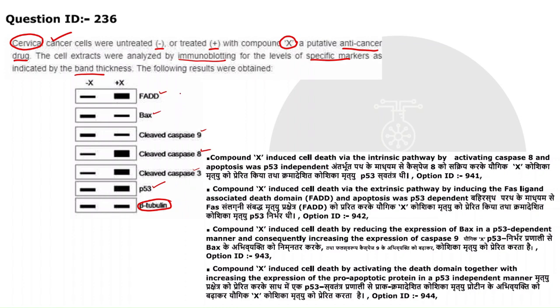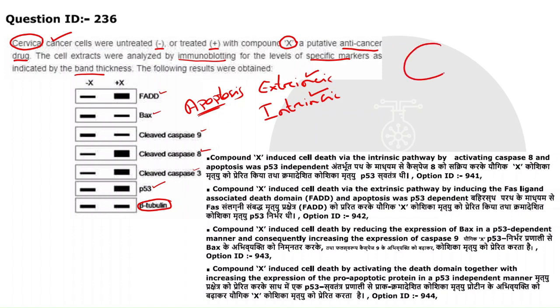FAD, BAX, Caspase-9, Caspase-8 and Caspase-3 are proteins involved in apoptosis. Apoptosis has two different pathways: the extrinsic pathway and the intrinsic pathway. In the extrinsic pathway, there is a ligand and a receptor in the cell; once the ligand binds to the receptor, it induces apoptosis.